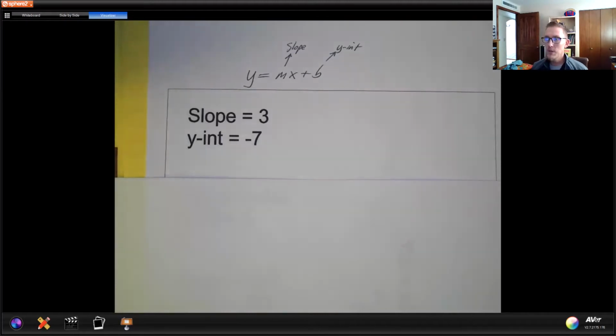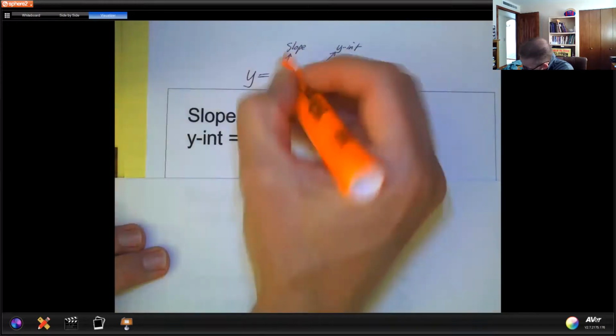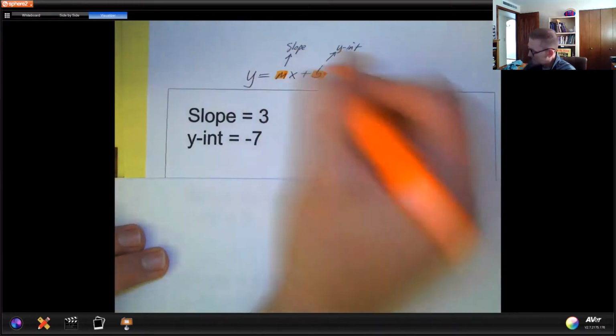So you are going to be given a slope and a y-intercept, and they simply want you to plug in and solve. So you are going to replace the m and the b.